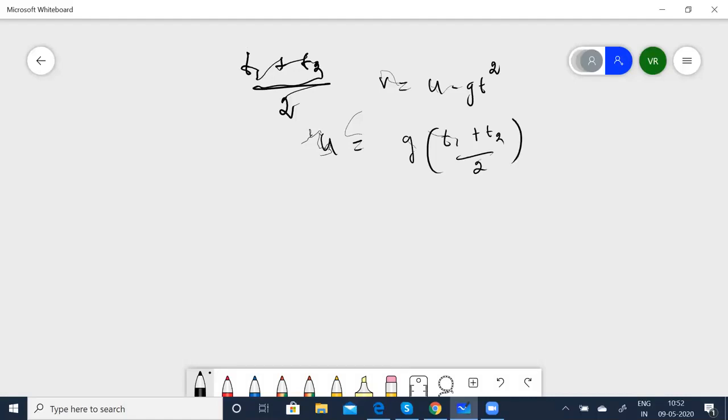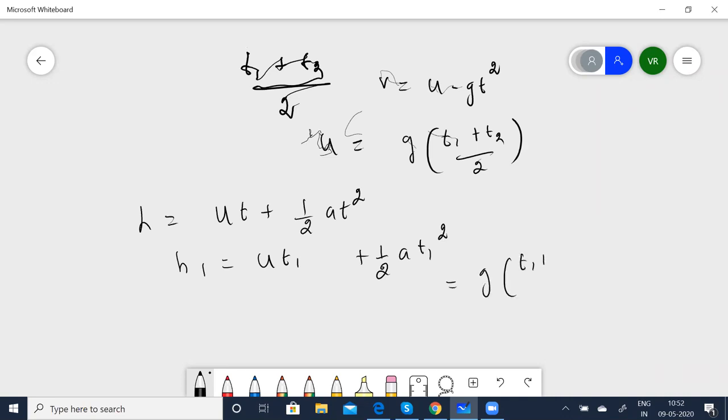Now the height of B from the ground is h, which is ut1 plus half at1 squared, equal to g into (t1 plus t2) by 2 into t1 minus half g t1 squared.